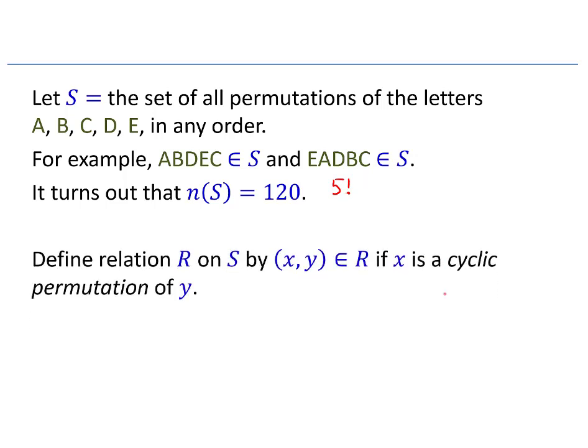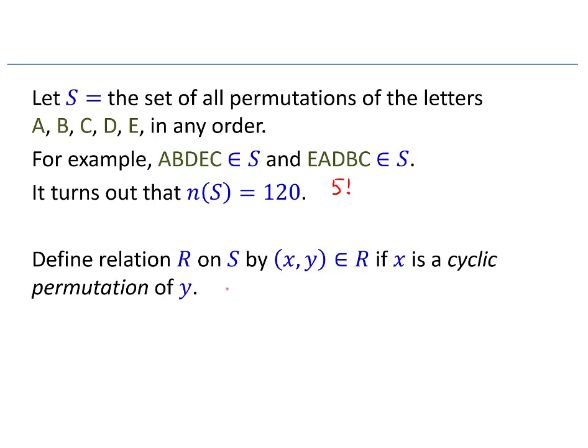Define relation R on this set of permutations by saying that 2 permutations are in the relation if X is a cyclic permutation of Y. For example, here's what I mean by a cyclic permutation.